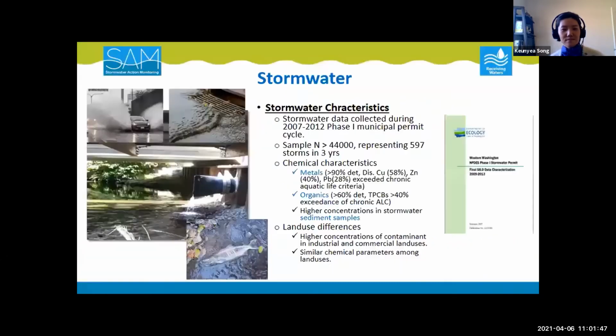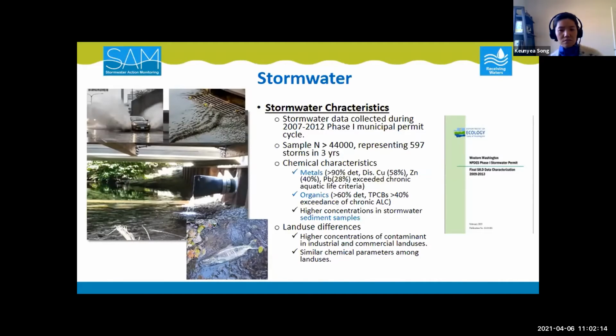Stormwater has become one of the main environmental concerns in the region. Unmanaged stormwater causes many problems, including flooding, releasing pollutants, and basically impairing downstream receiving water conditions. In Washington, we have a high quality regional stormwater data set, which was collected by Phase 1 municipal stormwater permittees as their monitoring requirement.